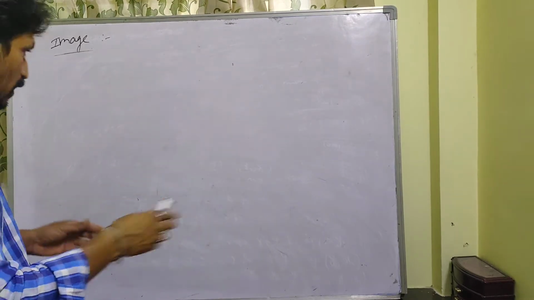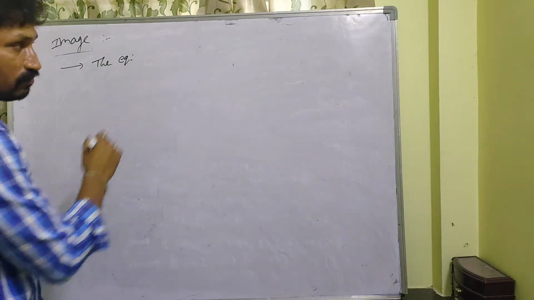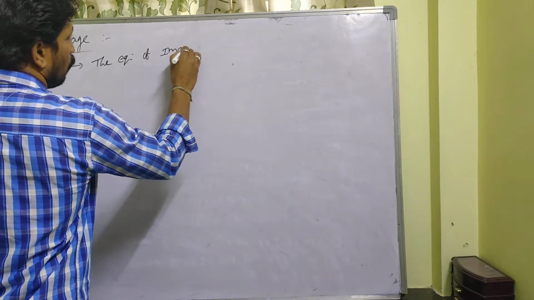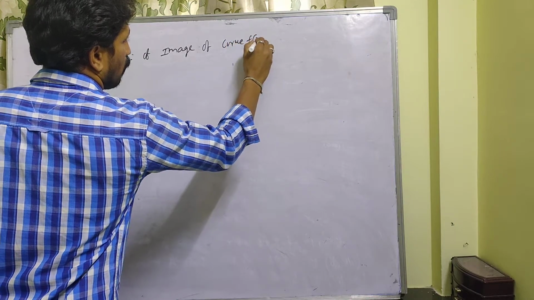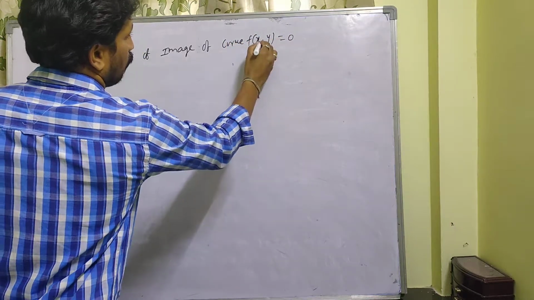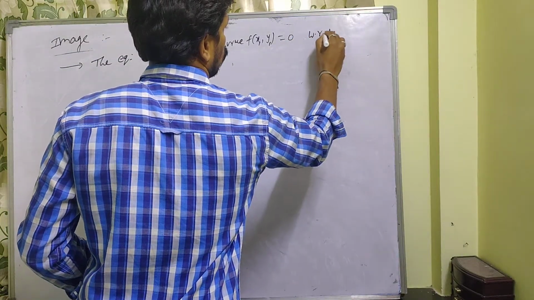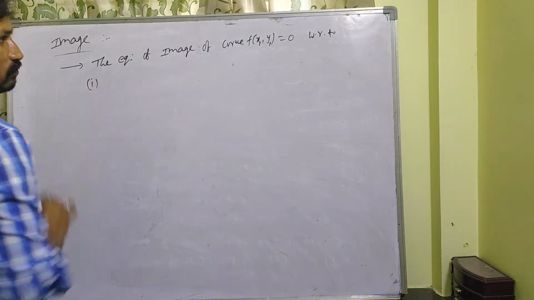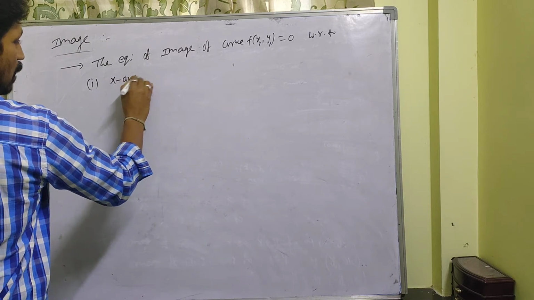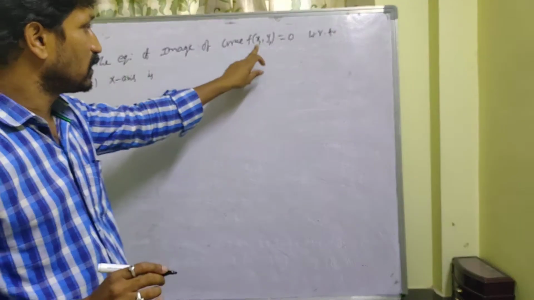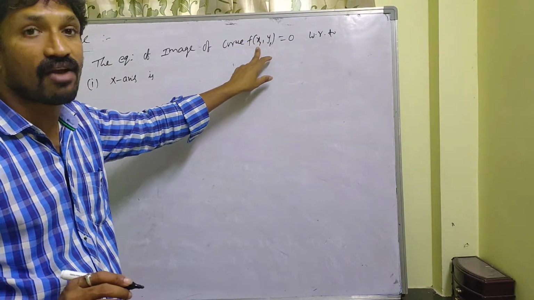Next one. The equation of, very important, the image of curve f of x comma y is equal to 0, or f of x1 comma y1 is equal to 0, with respect to, first one, with respect to x-axis. Same as the previous model. The difference is that in the previous model you considered only the point x1 comma y1. Here we consider f of x1 comma y1.